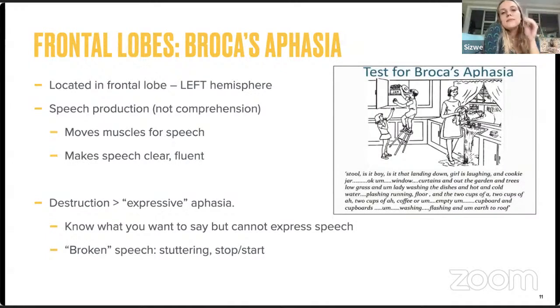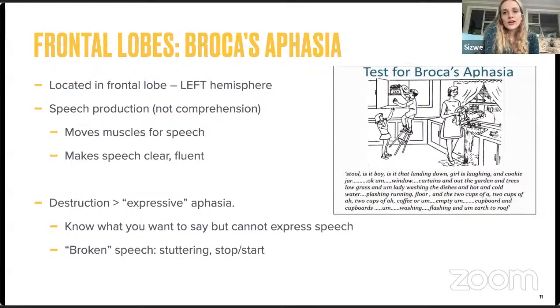We're now going to talk about something called Broca's aphasia, which is when your Broca's area is damaged for some reason, like a traumatic brain injury, anything like that. So just to recap, Broca's area, frontal lobes, they're involved in speech production, which means they move your muscles for speech, and they make our speech clear and fluent, so that other people can understand us.